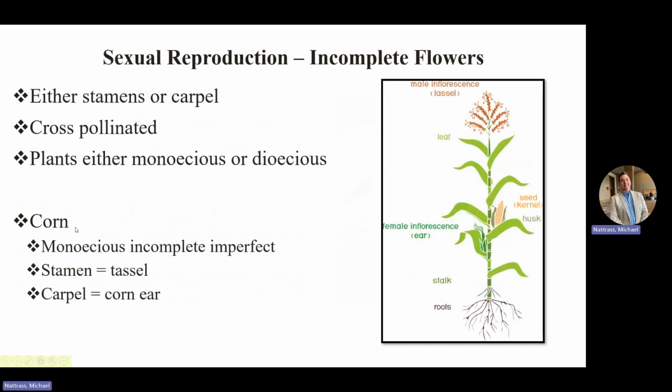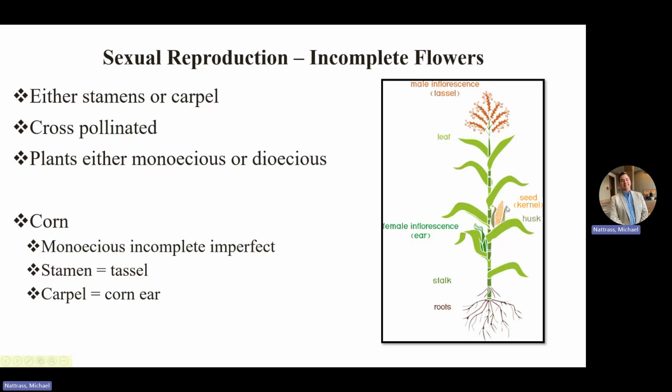All right, so corn's a really good example of how we can have all of these things together and it still be like, wait a minute, what is this? So we have a flower with a male part, known as the tassel. This is where the pollen is. So that pollen will fall down onto the carpel, or the female portion of that plant, or the female flower.